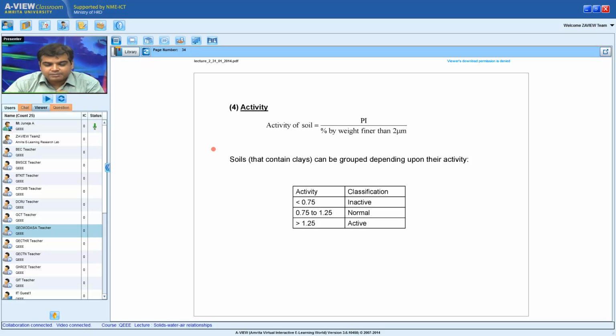In the next class, we will look at clay mineralogy. We'll probably spend about 1 hour on clay mineralogy. In today's class, we have looked at particle shape and size. We have looked at Atterberg limits. We have looked at a few terms, a few definitions. If you have any quick question, we can still have it.